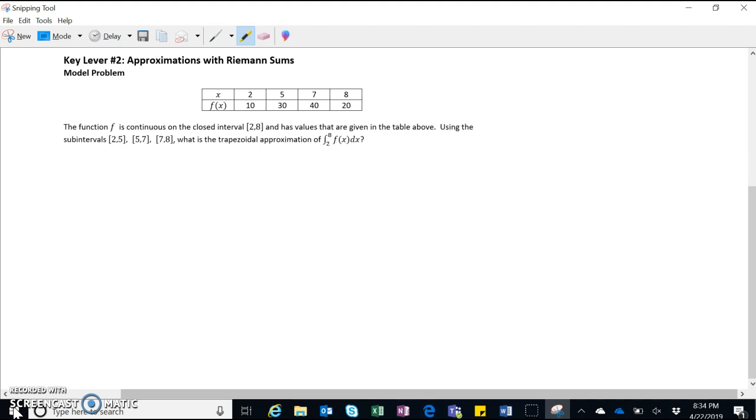So this is great because a lot of you always feel the need to use the b minus a over n formula anytime you see that you're in a Riemann sum problem, but this only applies when you have equal widths provided or equal widths indicated in the stem of the problem.